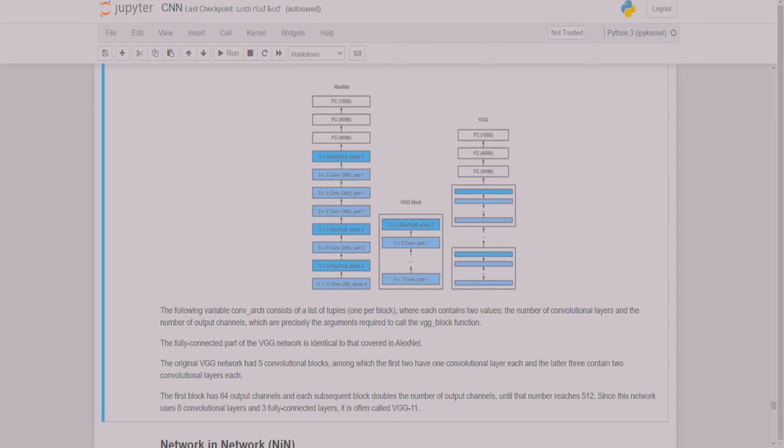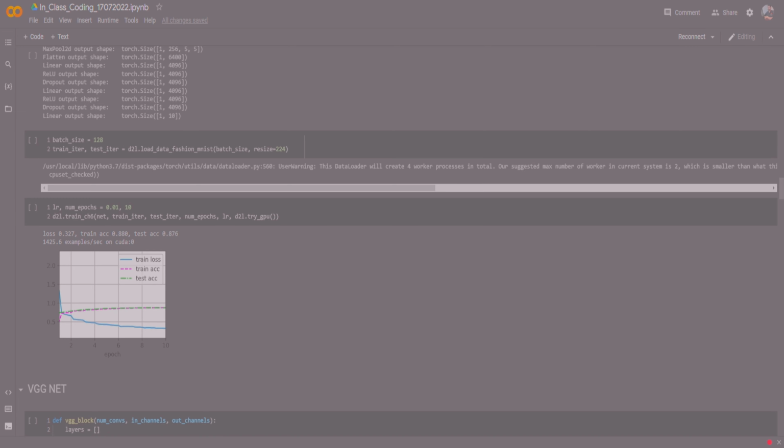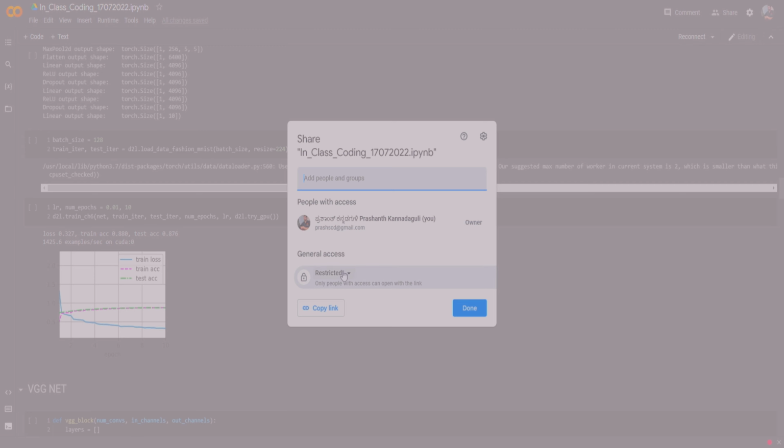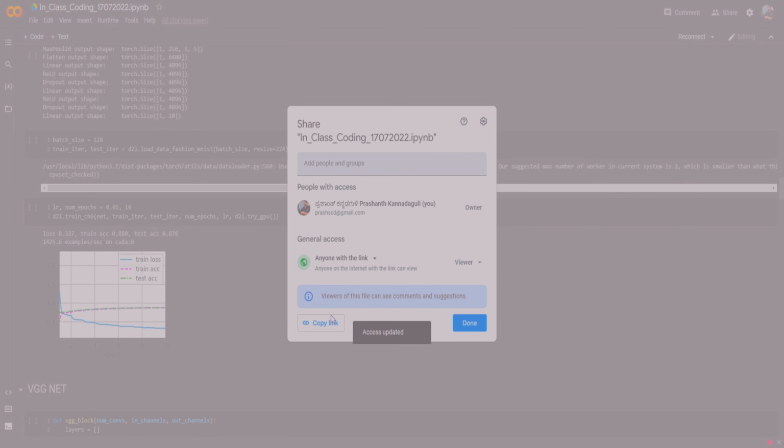Just one second, Jyoti. I can share the code. I'll go to the share option. Anyone with the link, I'll share the link in the chat box so that people can try to run it.